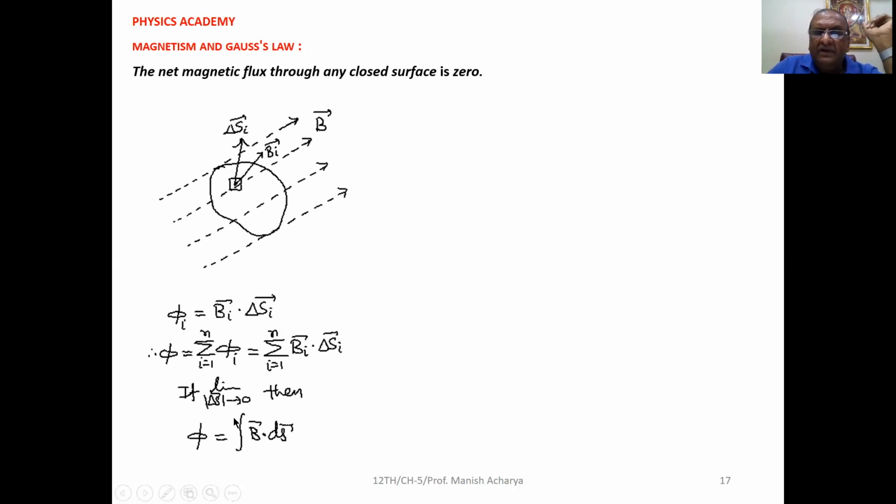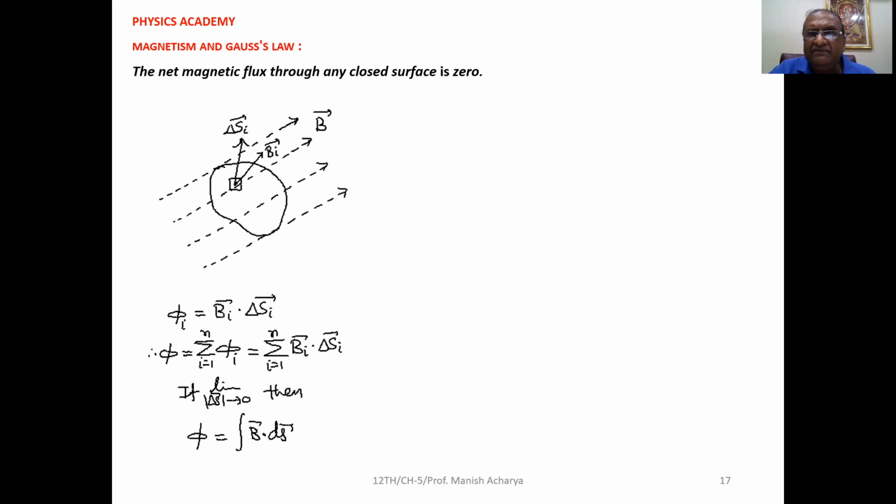So if we want to find the total flux passing through this entire surface, then we have to divide the entire surface into so many infinitesimally small surface elements. Then for each one, we calculate the flux passing through it, and then take the summation of all those.